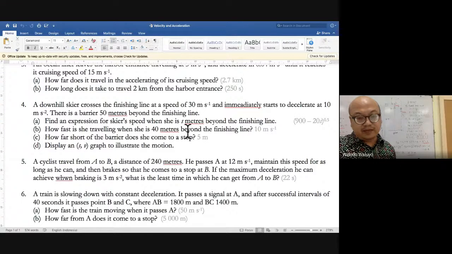Kira-kira berapa meter lagi, sementara ini ada 50 meter?